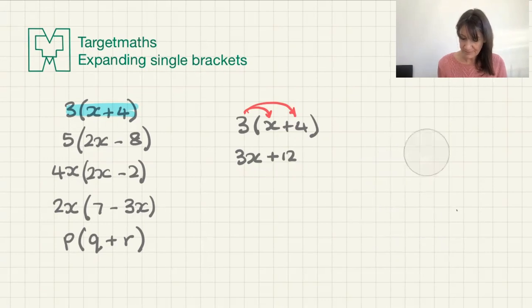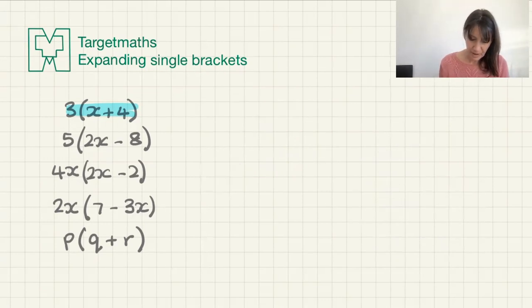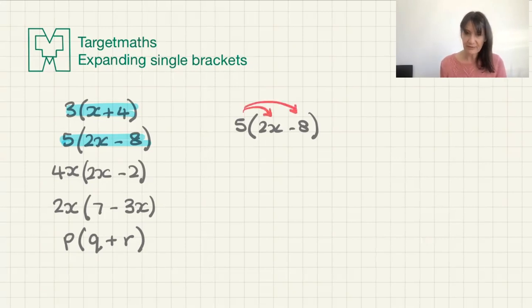Let's get a bigger rubber. There we go. Okay, we're going on to this one now, which is 5 squashed to 2x minus 8. That tells me I've got to do 5 lots of the 2x and 5 lots of the negative 8. Okay, 5 times 2x. There's a little bit more going on than there was with the previous question.